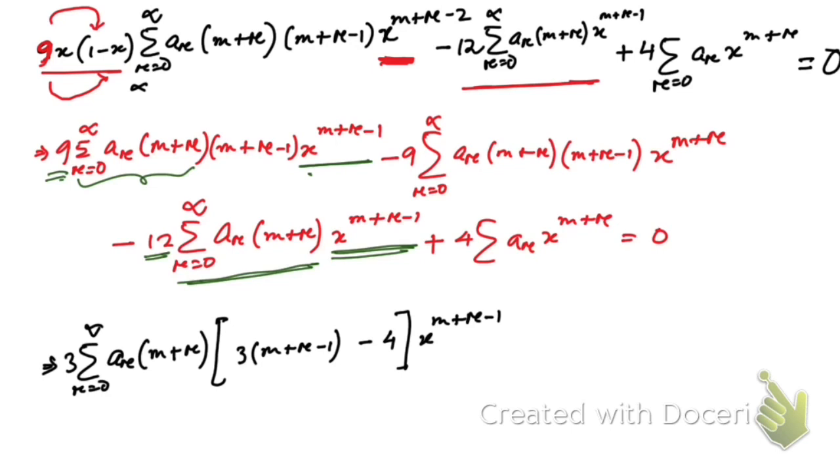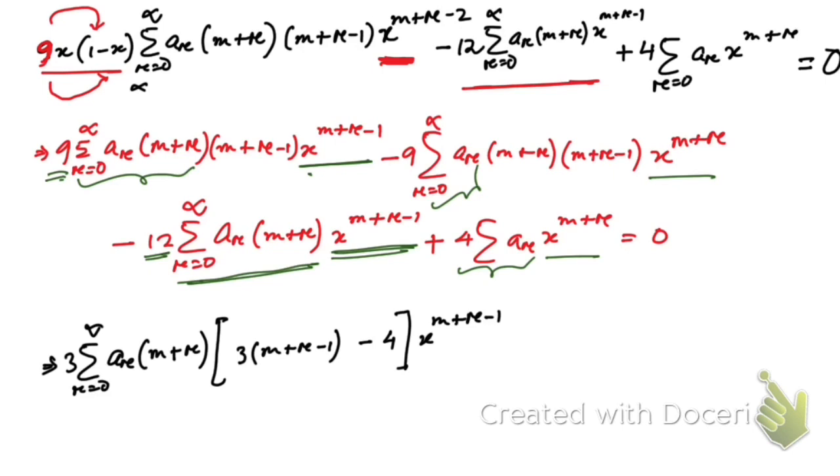So similarly, is there anything that we can take common in the remaining terms? Yes, definitely. Here you can see this part can be taken common, right? 4 cannot be taken common here, 3 cannot be taken common.